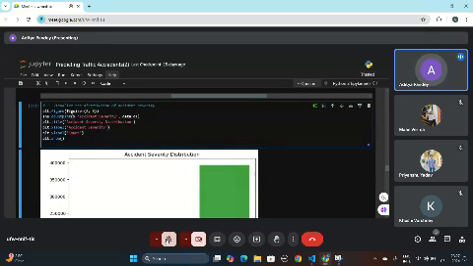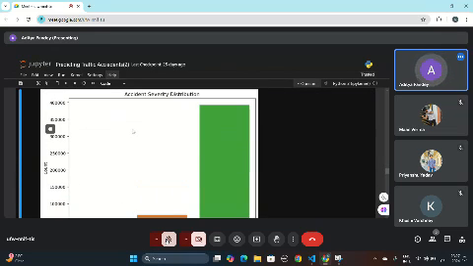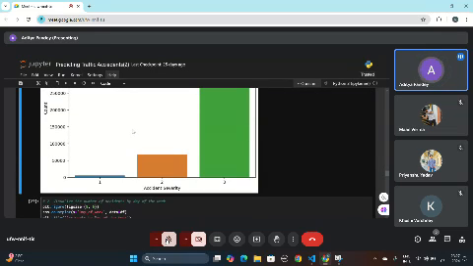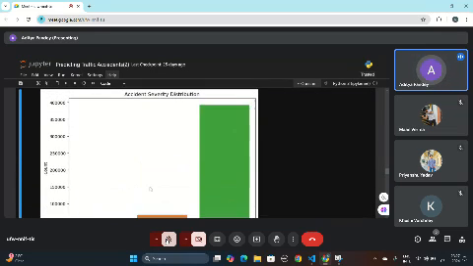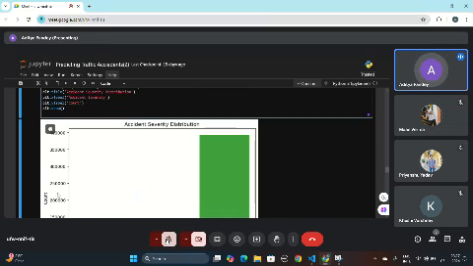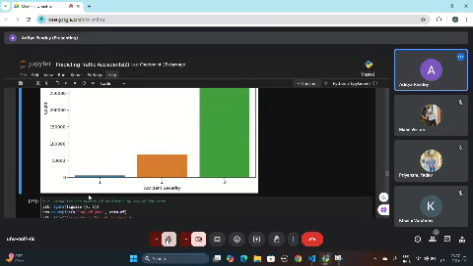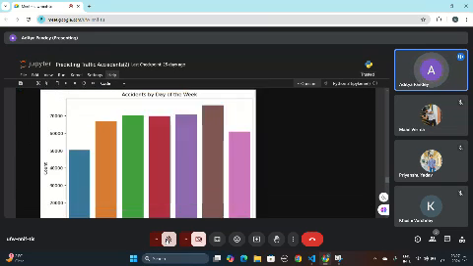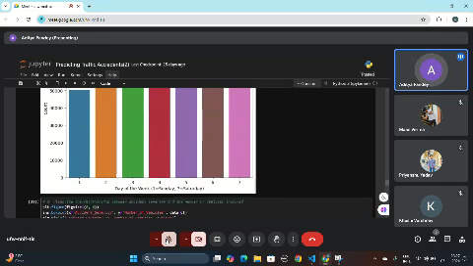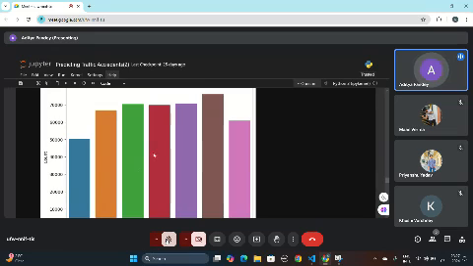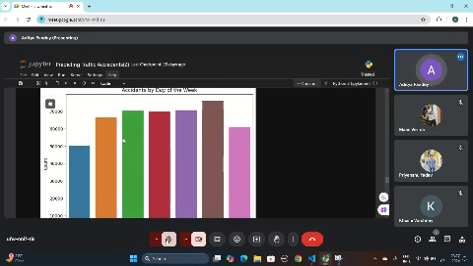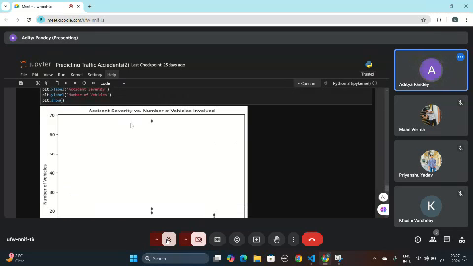After that, we are performing some data visualization steps to go through our dataset. Here we are making a bar graph for the accident severity and count. After that, we are making a bar graph for day of week and count per day of accidents in our dataset.